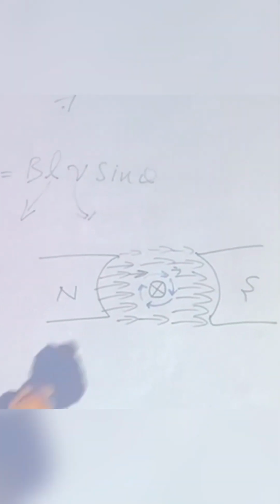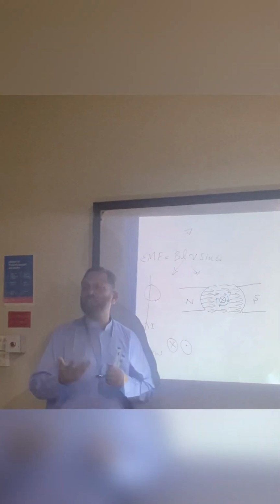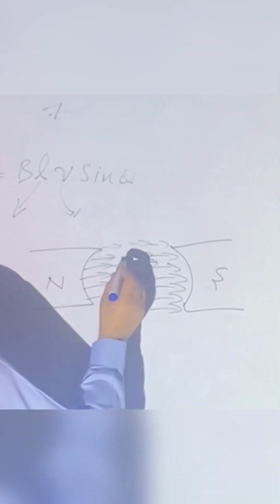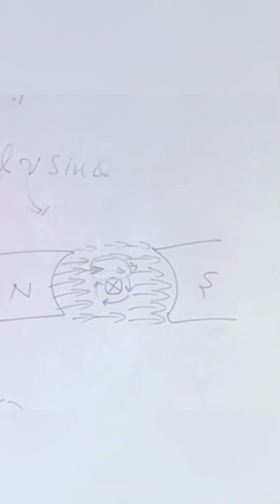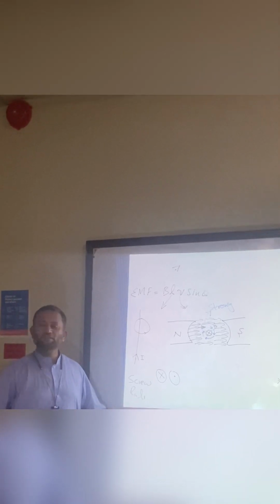What will happen whenever two fluxes enhance each other? A strong field will be developed, observed on the upper portion of that conductor.